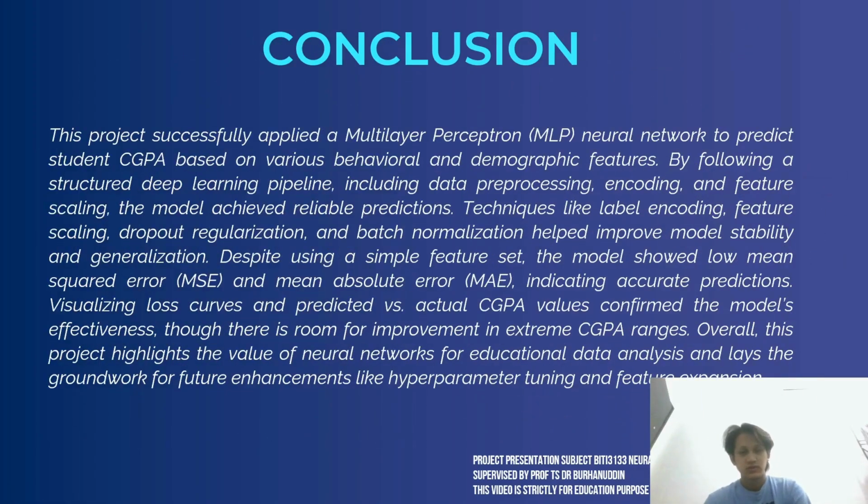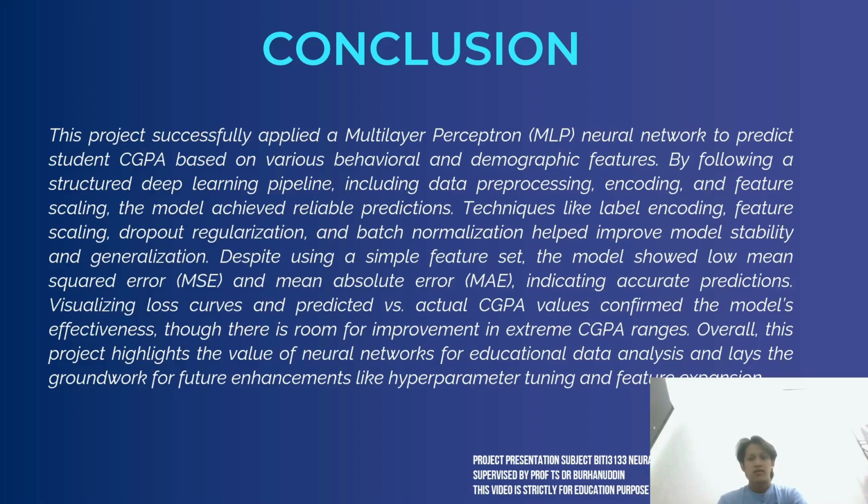So for the conclusion, this project is successful. We applied a multi-layer perceptron with deep learning, using an FNN, feed-forward neural network, to predict student CGPA.